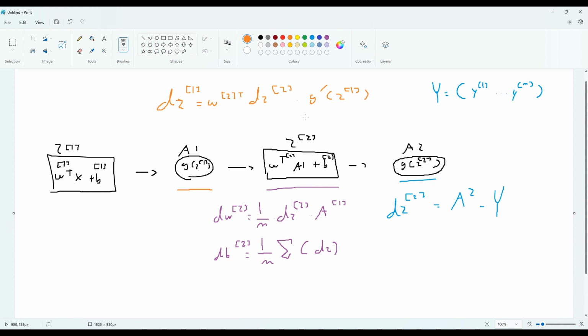So that's a1, because the activation applied to z1, but we take the derivative of that.